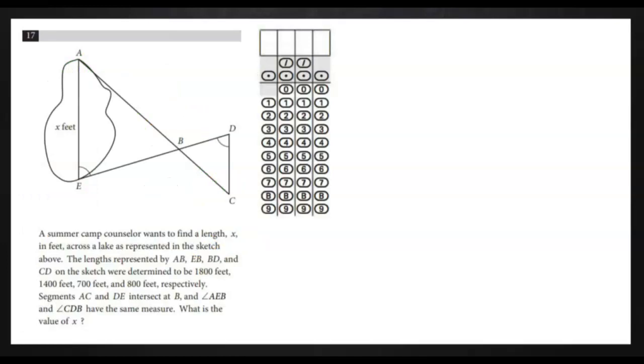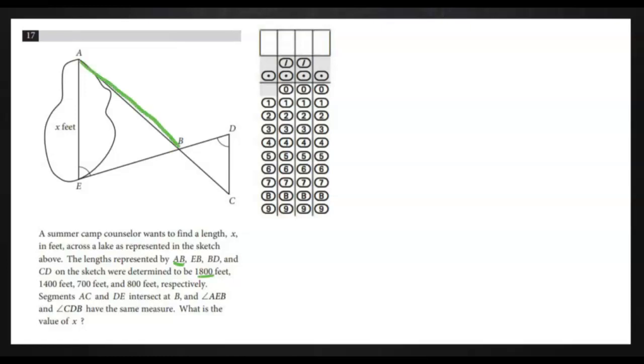Okay, question 17. We do have a camp counselor who wants to find the length of x across the lake that is represented in this sketch. So here we are given the different sketches that are represented by different line segments. So let's go ahead and label those first. We have AB, and that's determined to be 1800.